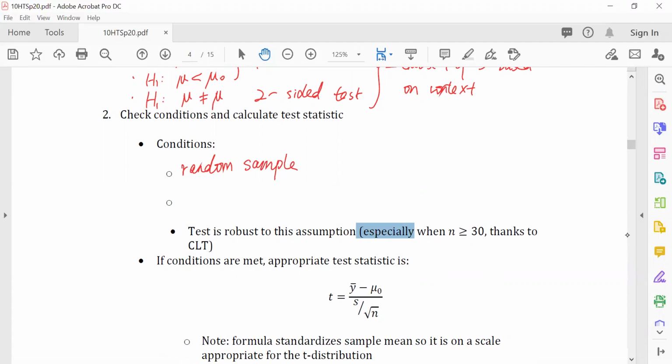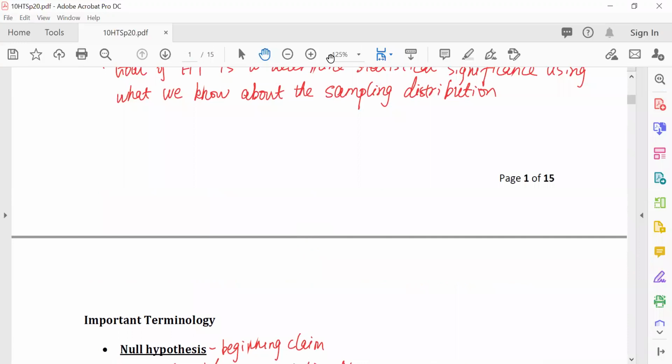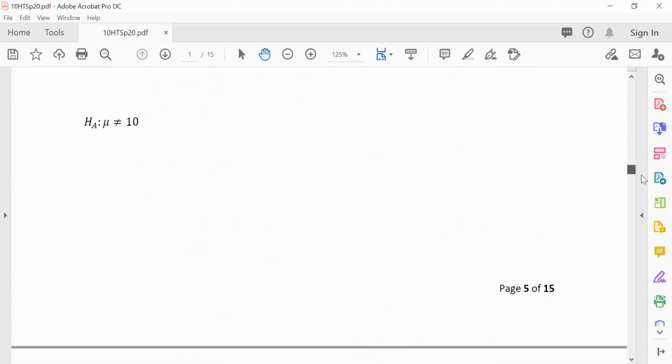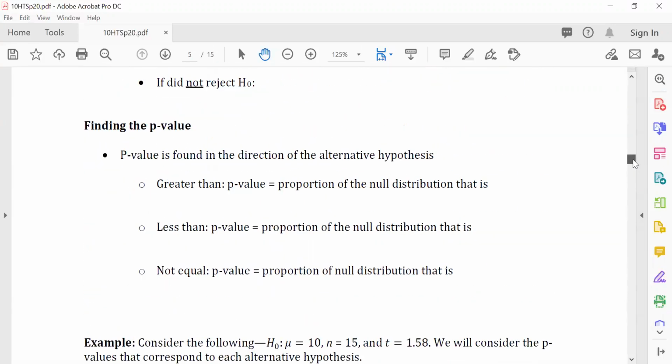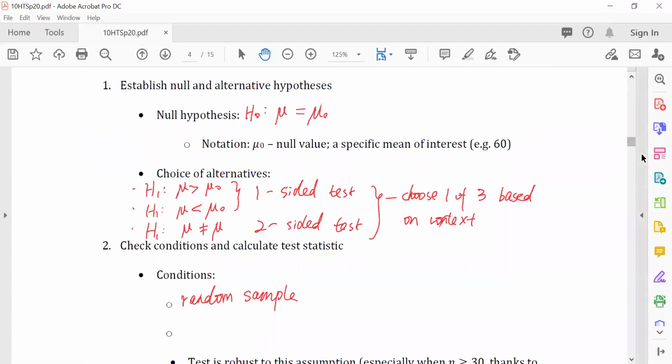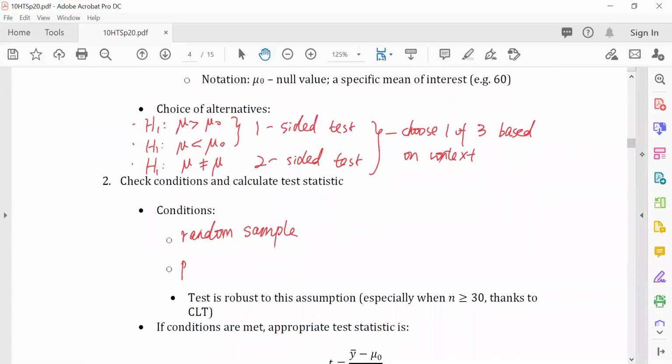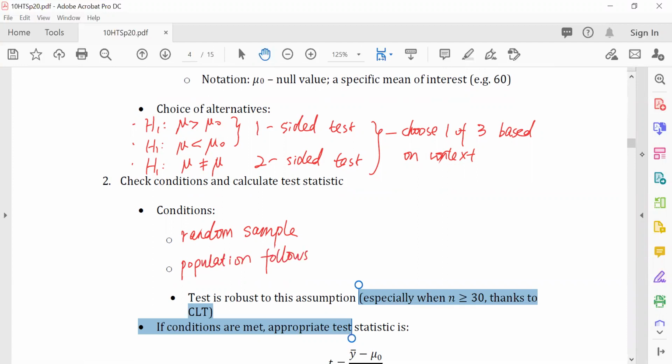Second, your population follows the normal distribution.